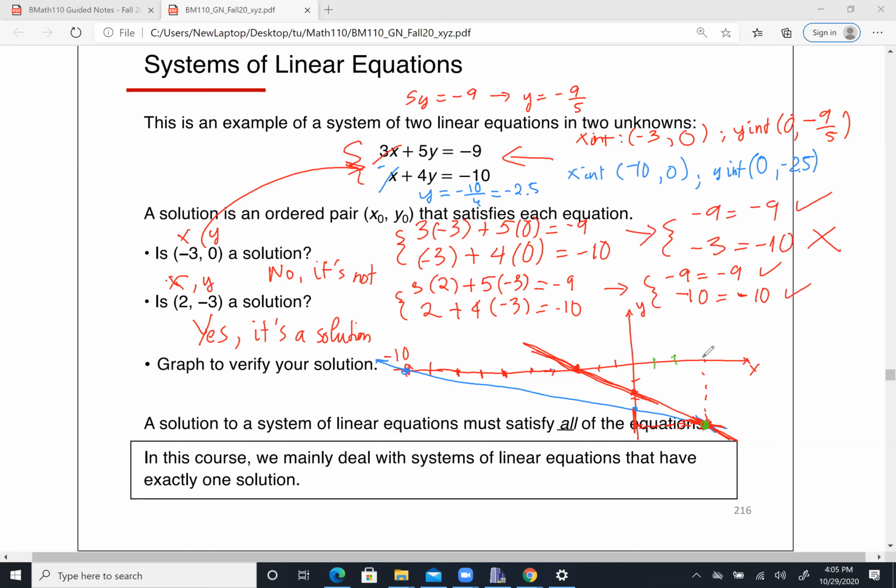So let's see. I think because my drawing is not really well, it's not as 2. It should be 2, right? So maybe I should draw.